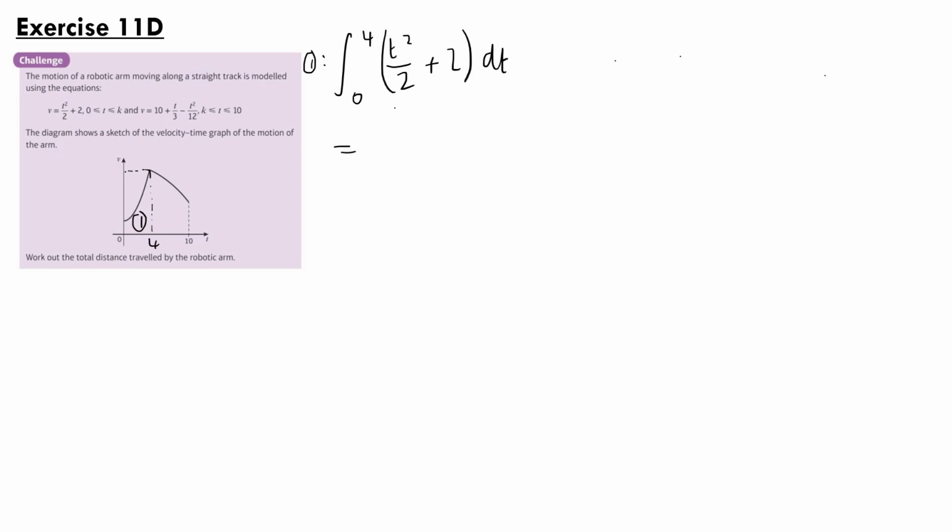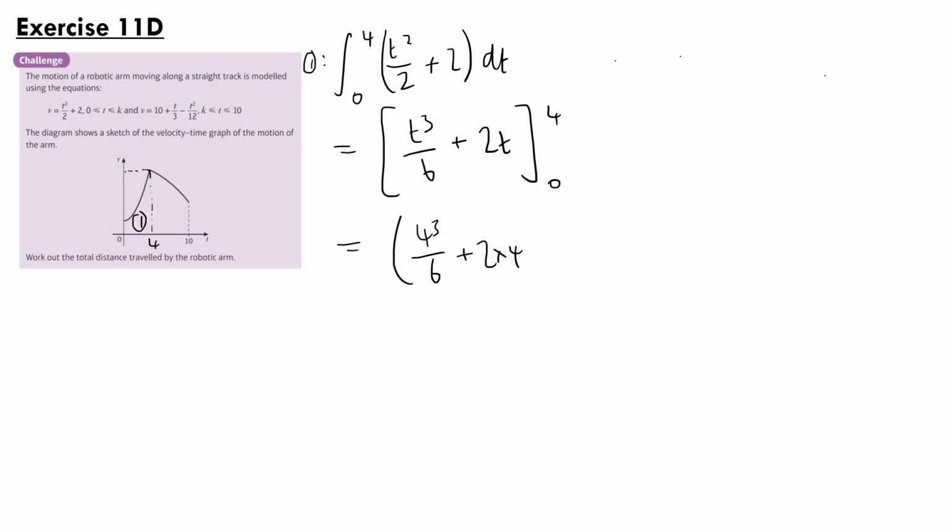And so we get, raising the power by 1 and dividing by the new power, t to the power 3 over 6 and then plus 2t from 0 to 4. And evaluating this definite integral, we have 4 cubed over 6 plus 2 times 4 minus 0. And so putting this into our calculator, we get 56 over 3.